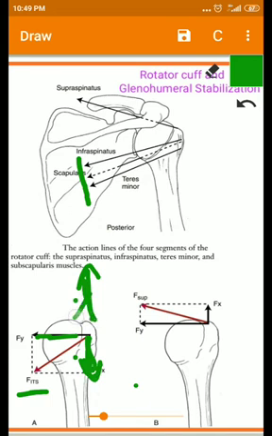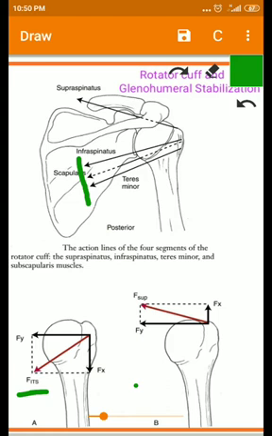So these forces are balanced. Now the forces of ITS help in stabilization during the movement of abduction, isn't it? That means it is controlling against translating anteriorly and posteriorly.